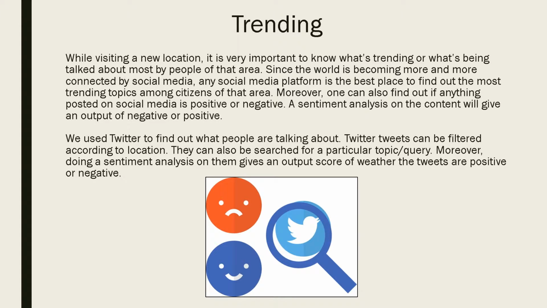We stuck to Twitter because it is one of the best social media platforms where people post their opinions. We take tweets about a certain area and we filter those tweets. Apart from filtering, we also do a sentiment analysis on the tweets to see what the positive topics and the negative topics are that people are talking about.